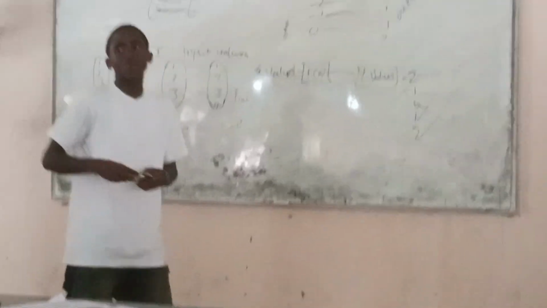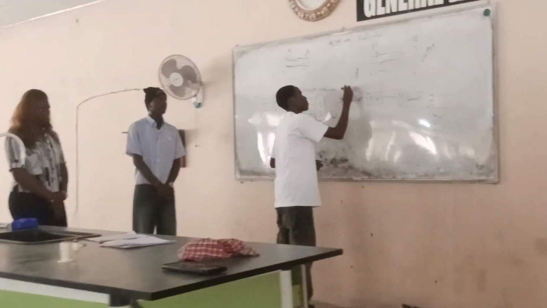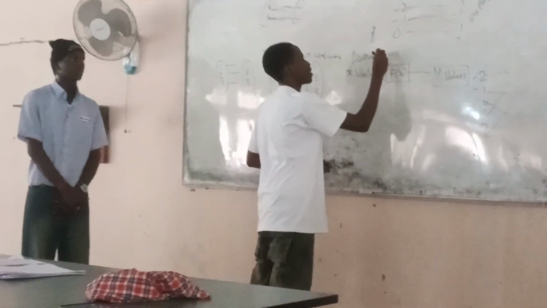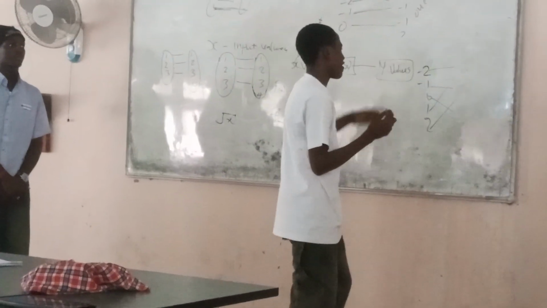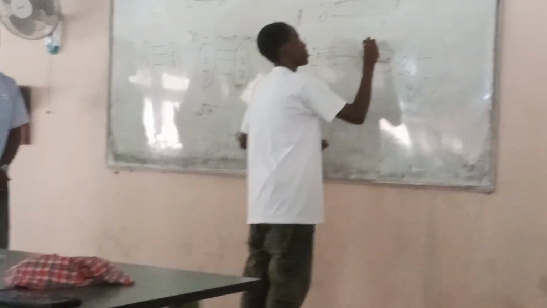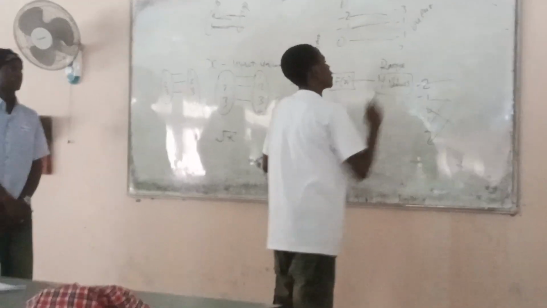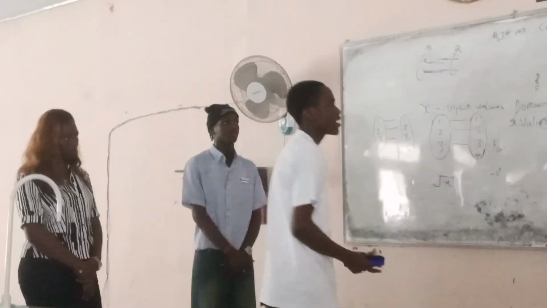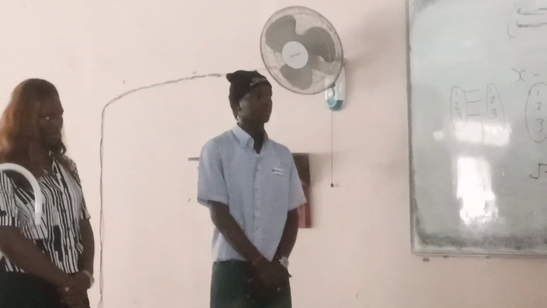The function is the rule or relation that takes in x values as domain and brings out y values as range. In function, we have three types of relation, which are injective, surjective, and bijective.